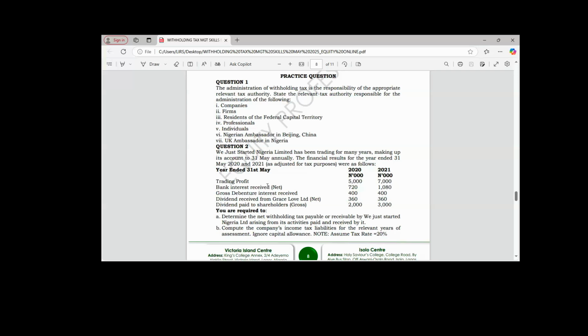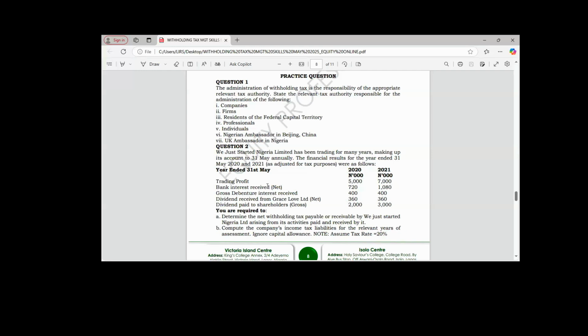Dividend is an example of franked investment income, but notwithstanding, you are still going to calculate the withholding tax on it. This is applicable to dividend only.